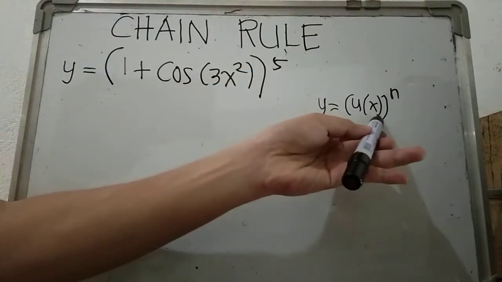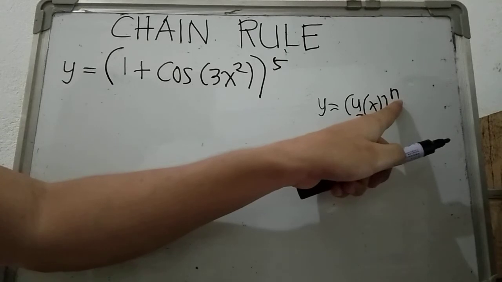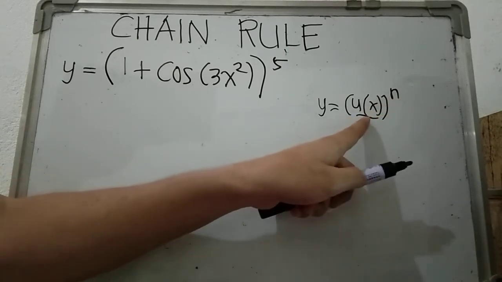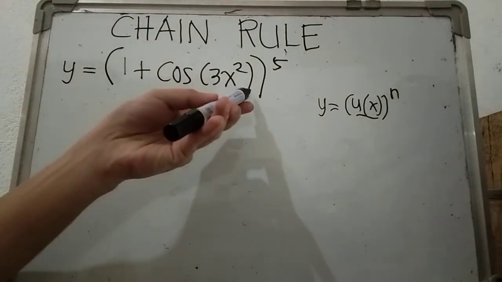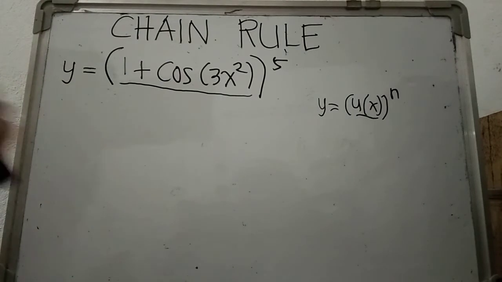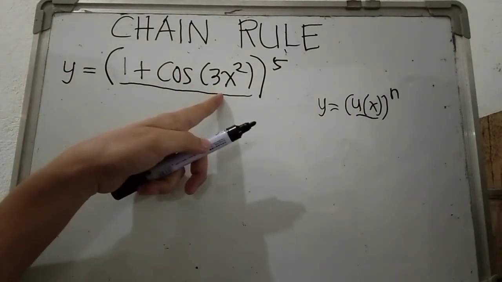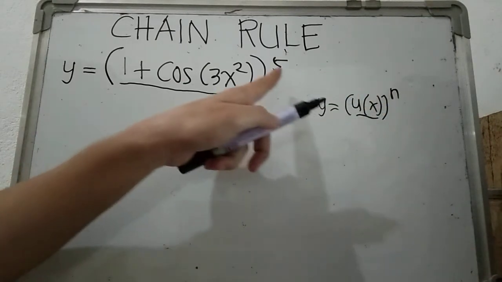Take note, our u of x here is any function raised to an exponent of n. If you relate that to the given function, our u of x is the one inside the parentheses, which is 1 plus cosine of 3x squared, and our n value is the exponent 5.